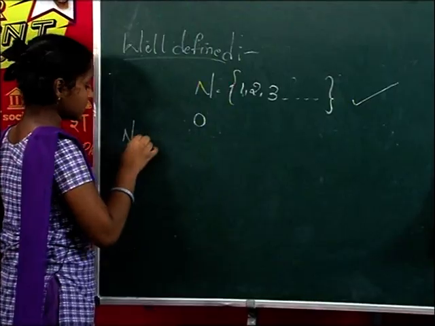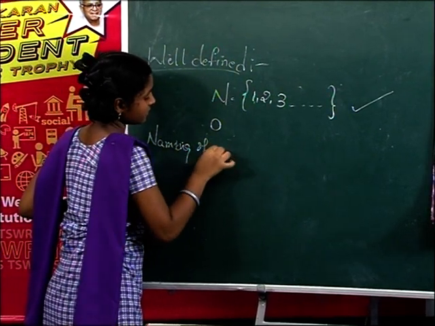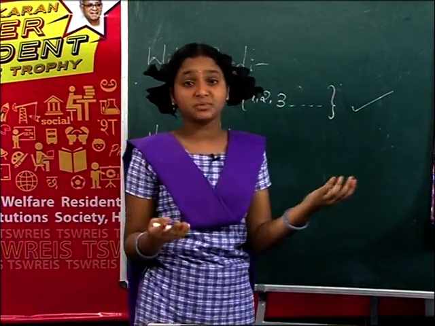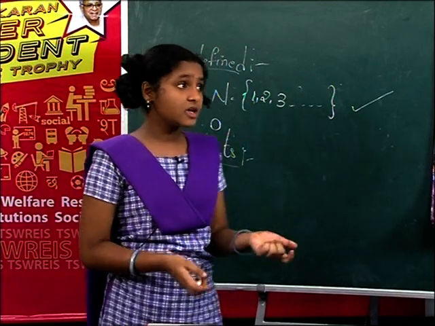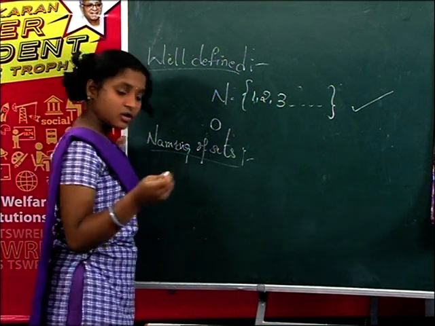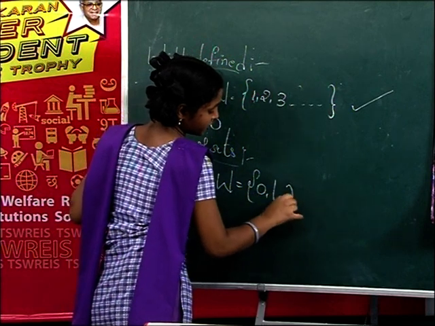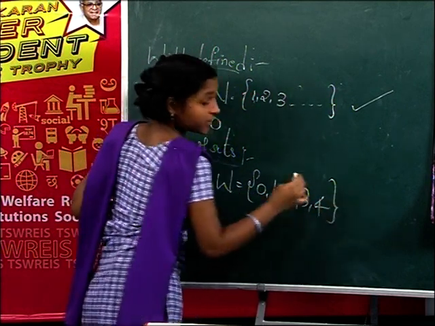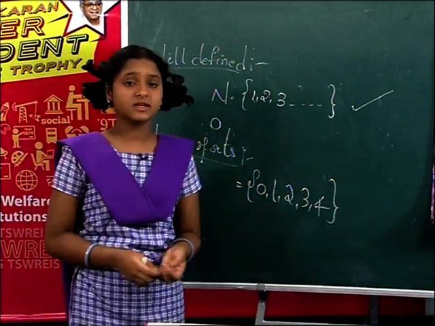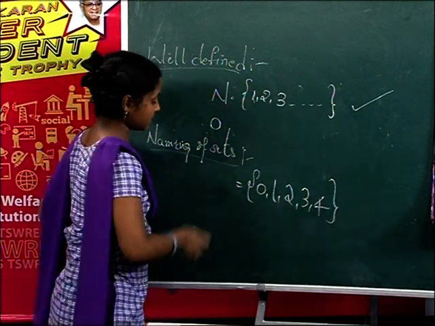Naming of sets. We have many sets, but how do we recognize them? For example, take the set of whole numbers. It starts with 0, 1, 2, 3, 4. If I did not represent it with W, how could you say that it is the whole numbers? So we have to represent it with a letter to recognize it.